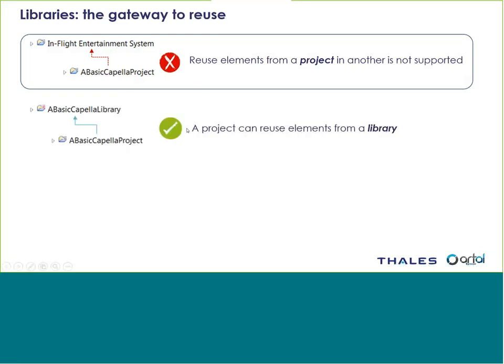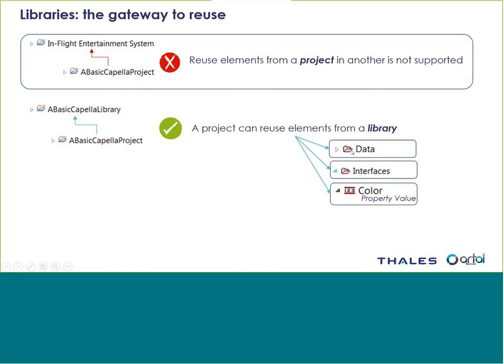If you want to reuse an element, it has to be in a library, and only a sub part of elements can be reused. It can be data model, it can be interfaces, it can be property values, and of course the records that Stéphane has just mentioned.